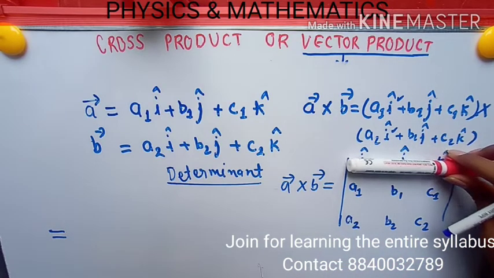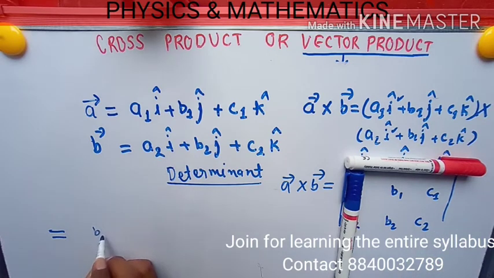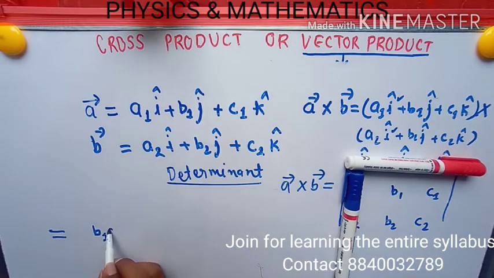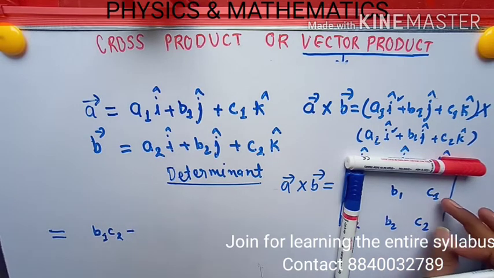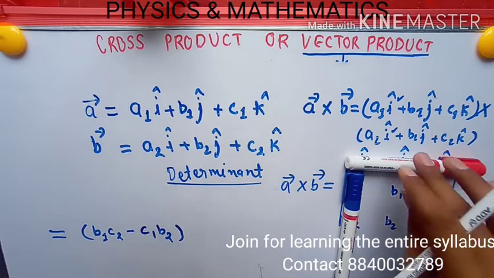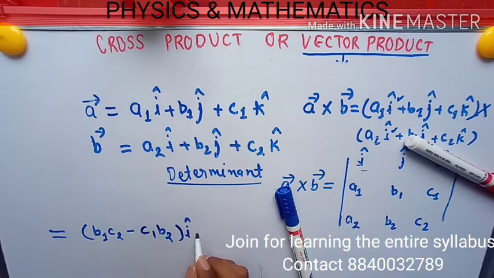The remaining part you will write as b1 into c2, put a minus sign, thereafter c1 into b2, and this is the entire thing for i cap. So I will put i cap here, understand?